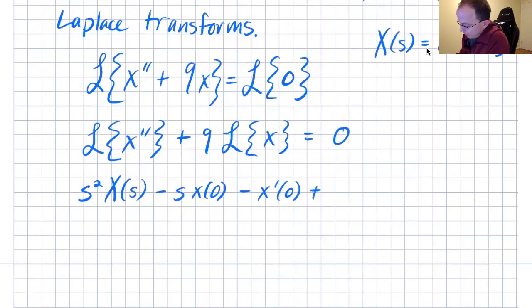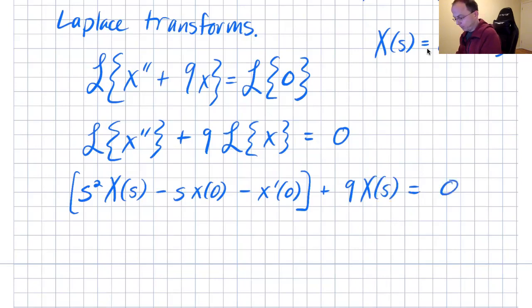Okay, so that's the first term. So maybe I'll put parentheses around that, or some brackets. And then we have 9 times X of s, and that is equal to 0.